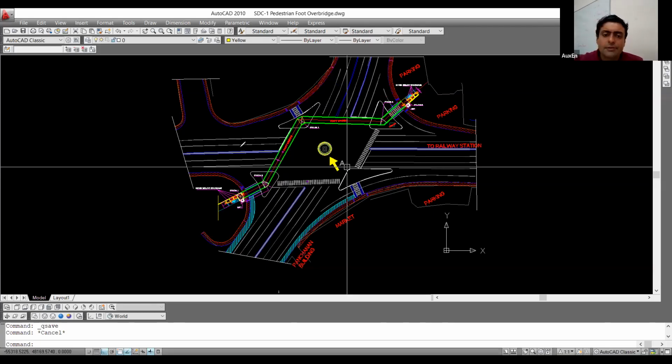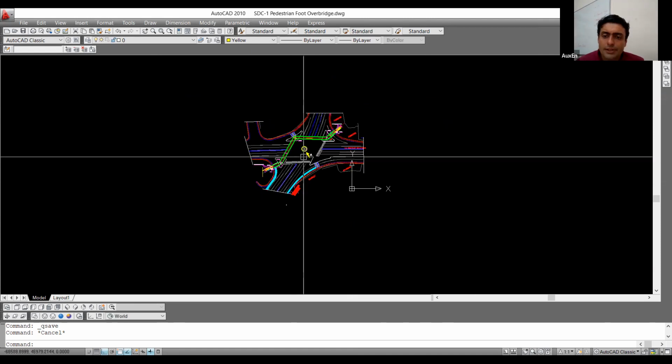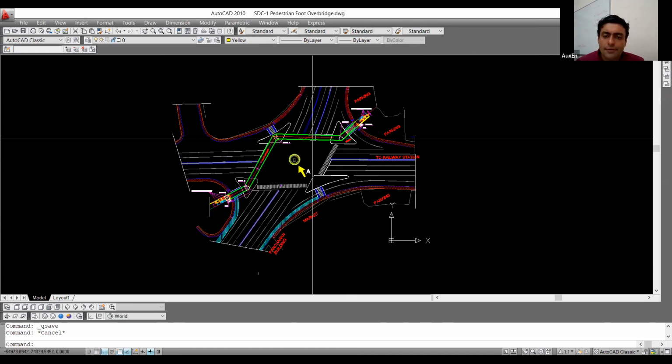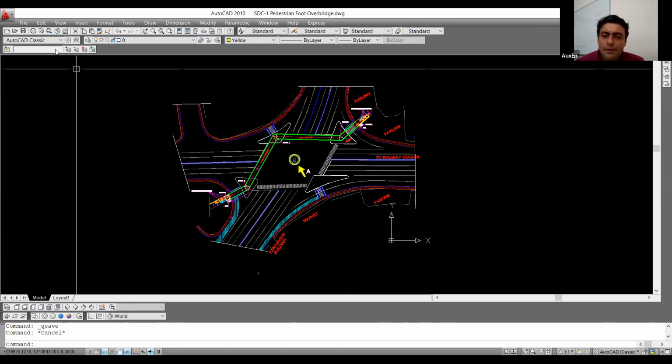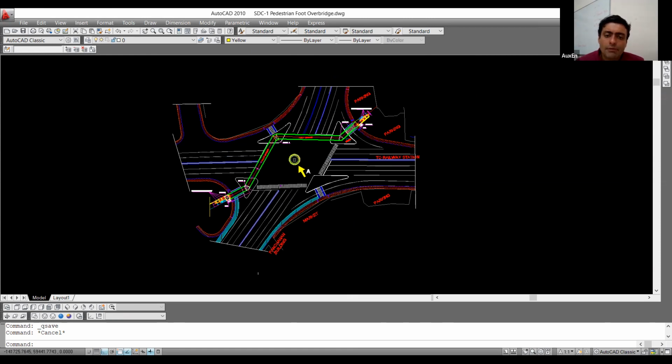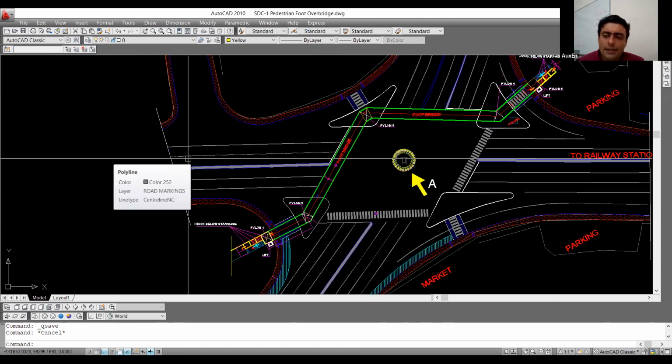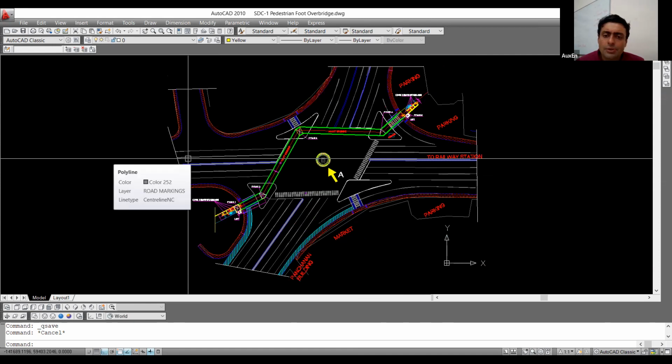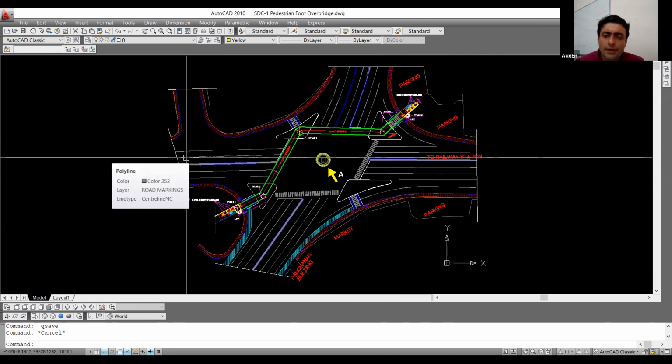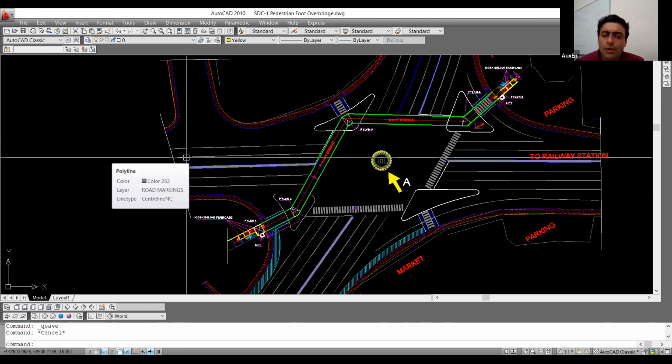Can we all see this AutoCAD drawing? Yes. So this was an input drawing that was given to us by the architects, the people who wanted us to design this bridge.